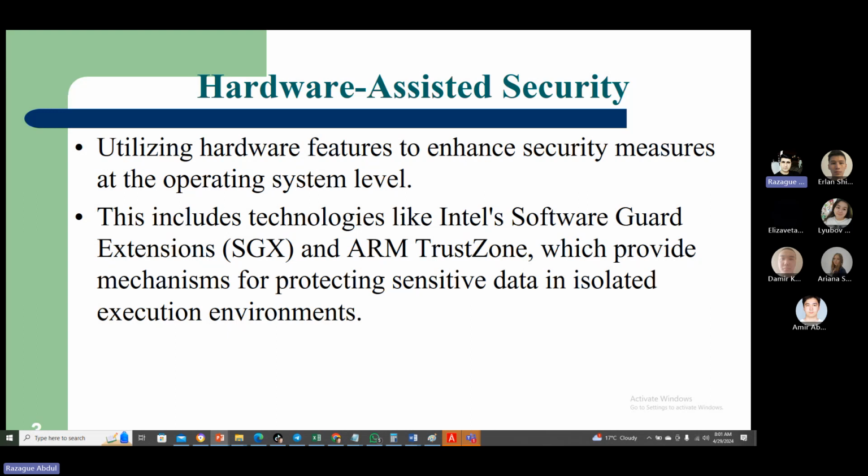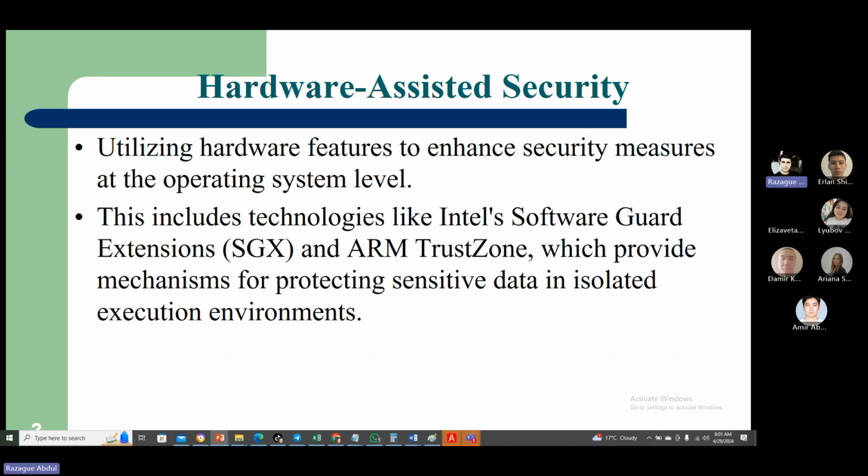So we can say that as threats become more sophisticated and pervasive, hardware assisted security offers a compelling layer of defense that complements software based security solutions.